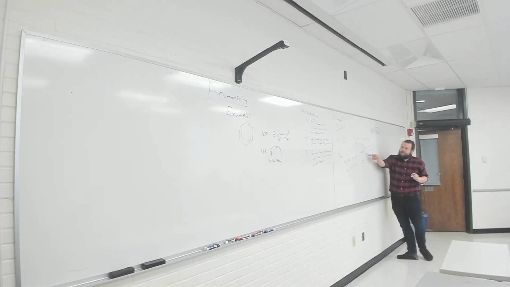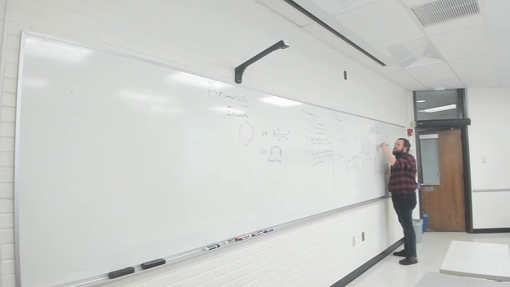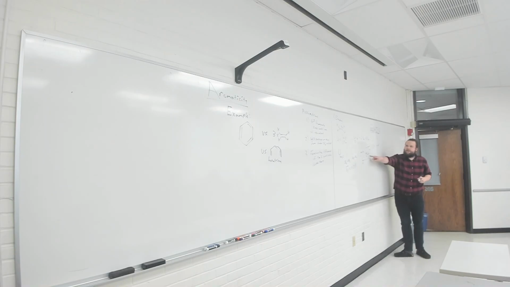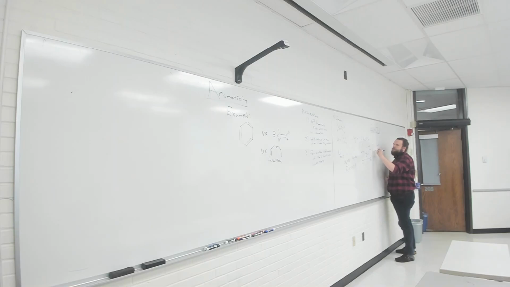E1 is just the energy of that orbital times 1. There's one electron at energy alpha plus beta, and of course, there's another one at alpha plus beta. E1 and E2, these are our two electron energies, and so the total pi energy is E1 plus E2, which is 2 alpha plus 2 beta.